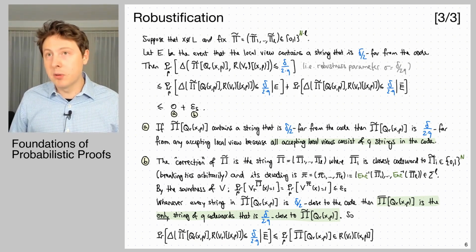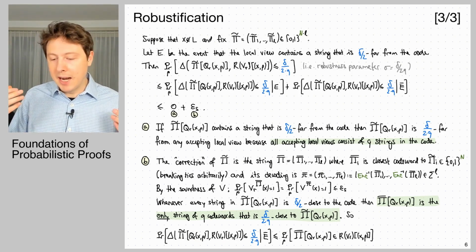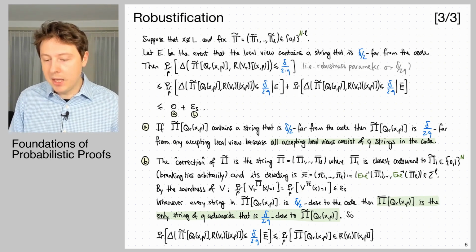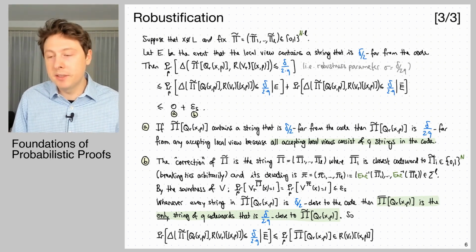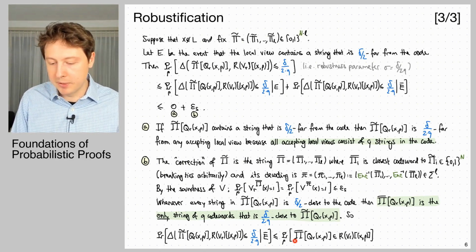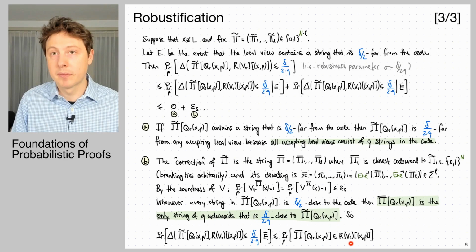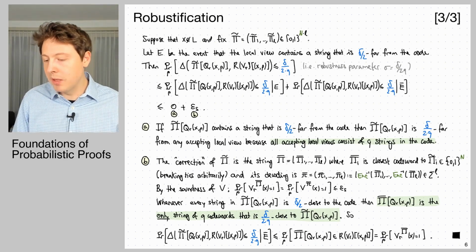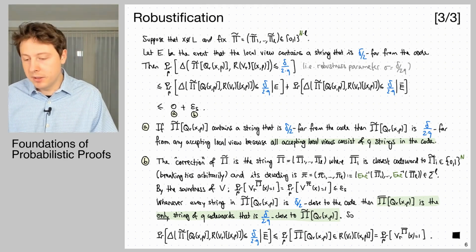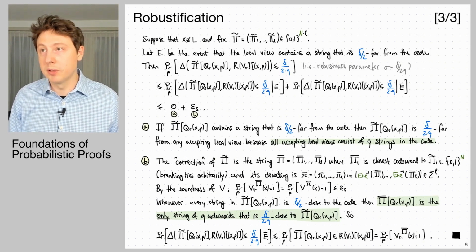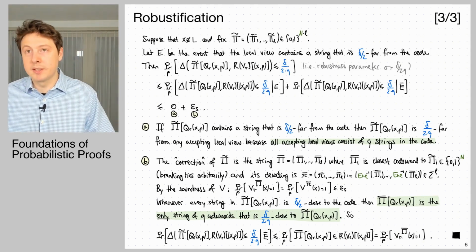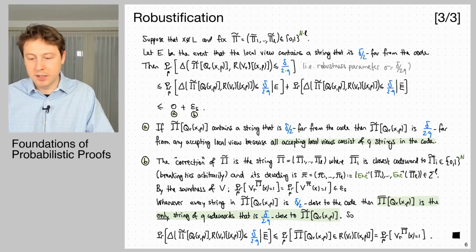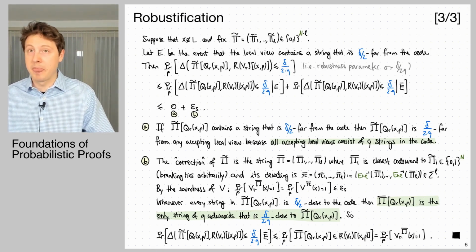Now, all accepting ones are code words, and the only closest code word is this one. So the only candidate that I need to consider is this guy, and I'm wondering whether this guy itself is accepting. But by definition, that's just like running the verifier on the corrected code word. And we already argued that this one is at most epsilon s, so we're done, okay?